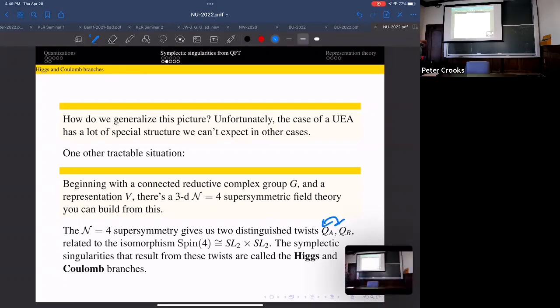So I find some other field theory where there's an equivalence between the two theories and it swaps the two twists. Doing this for two-dimensional theories is the physics background behind mirror symmetry in the sense of Witten, et cetera, relating a Fukaya category to a category of coherent sheaves. And here it's the same thing, but there's an equivalence between two different theories that swaps these twists. But it's mathematically different because it's 3D theories.